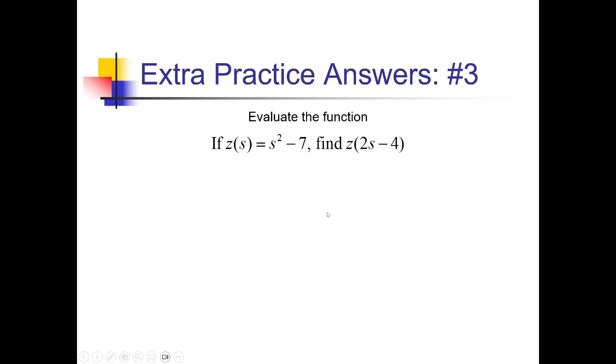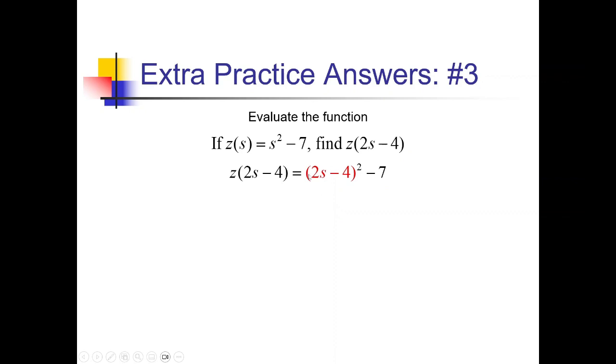For this next problem, this is a little different than the last two. You'll notice here for this z function, they're having us plug in something that's not a constant, so this 2s minus 4 expression. So I'm going to replace the s in this s squared with 2s minus 4. So we have 2s minus 4 squared now, taking the place of s squared. We still have that minus 7 at the end. And to expand this, because I have to simplify this, I'm just going to use my a squared plus 2ab plus b squared shortcut.